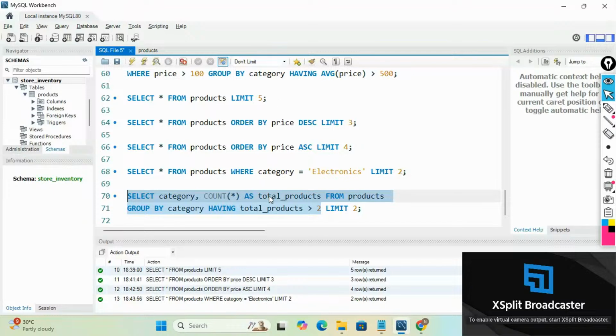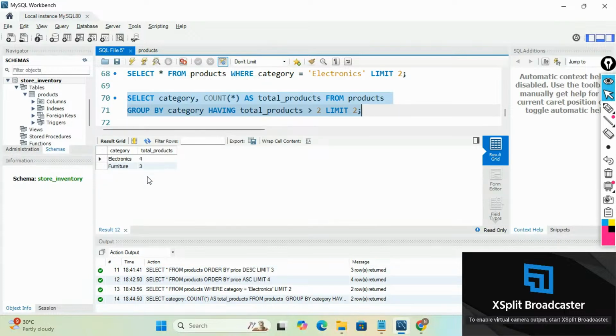So far we have understood the combination of group by and having clause, but additionally we have added the limit clause. So instead of 3 categories, only the top 2 categories will be returned, friends. That's it. Limit 2, right? So only the 2 top categories will be returned. Got it? Yes.